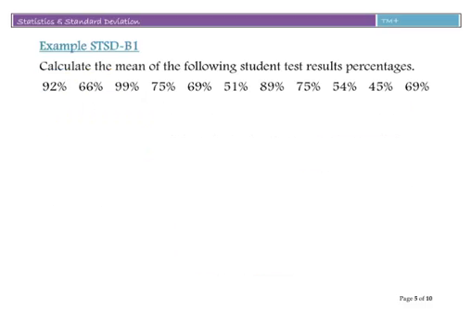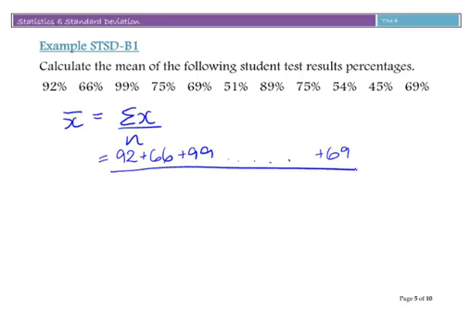So let's look at an example. This example says calculate the mean of the following student test result percentages. We have a number of percentages there. So the mean, obviously it's not a population, we just have a group of data. So it's the sum of x over n. So we're going to have to add all these numbers up. So 92 plus 66 plus 99, you get the idea, plus 69, all over how many there are.